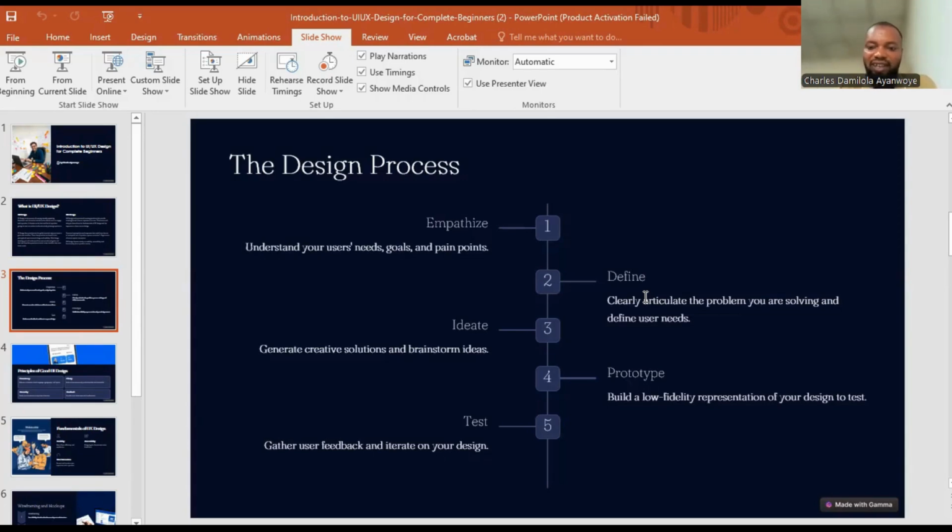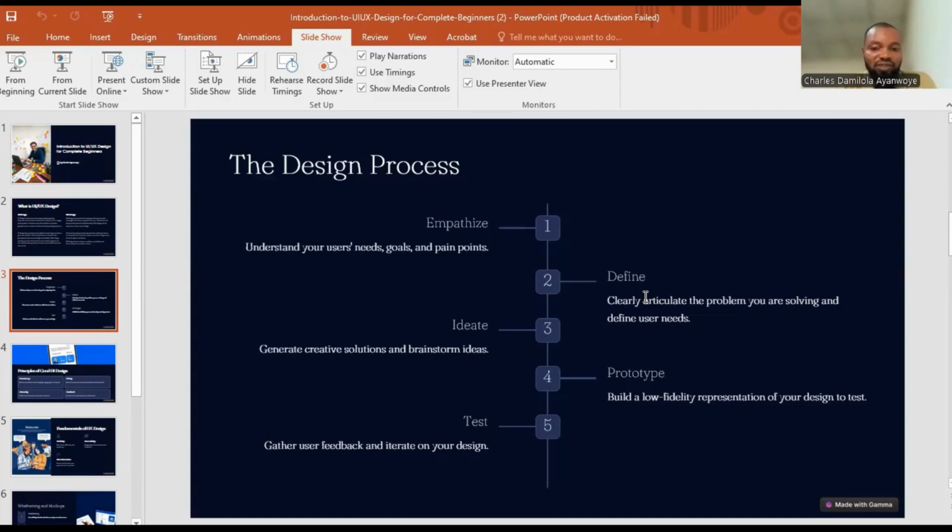You need to clearly articulate the problem you are solving. After getting enough facts, after getting information from them, now you define what solution you want to prefer. Do you understand? From the information you get from them. So you clearly articulate the problem you are solving and you define their needs.